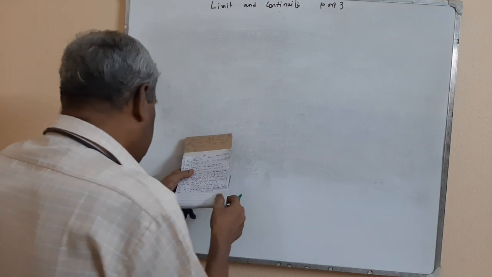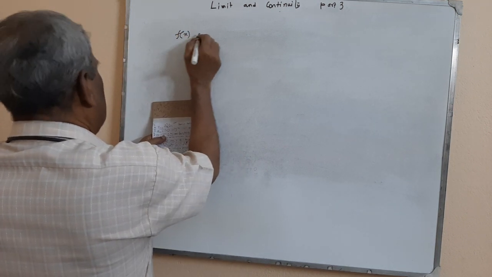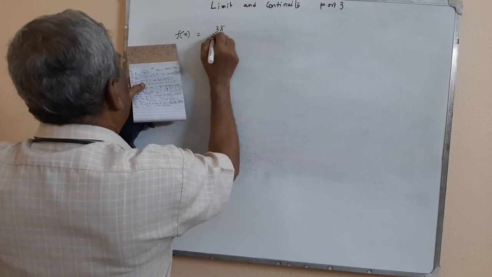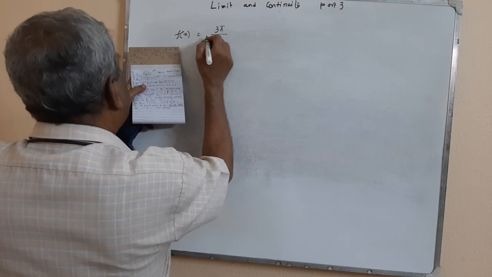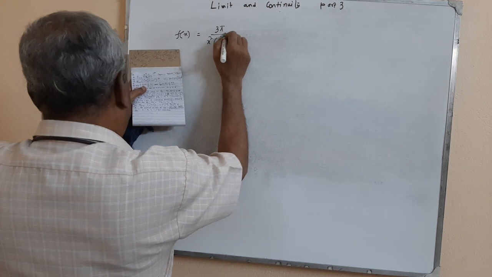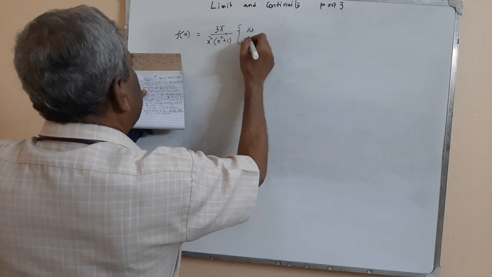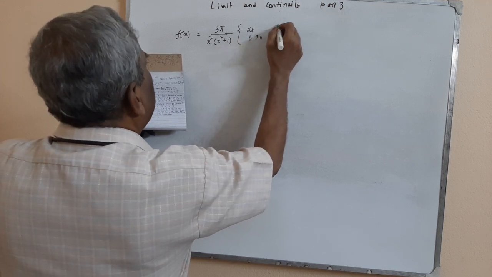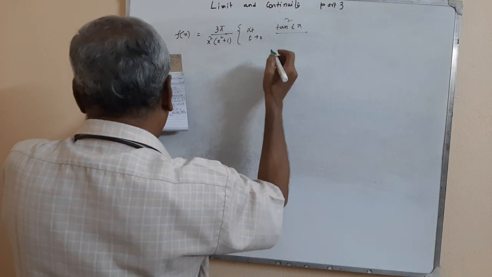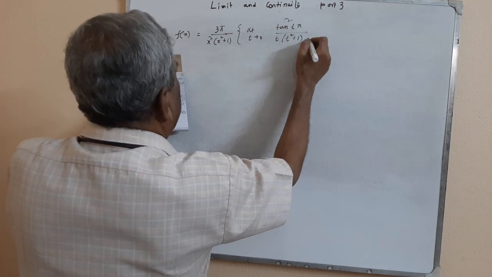First problem, the point of discontinuity of the function f(x) is equal to 3 pi by x square into x square plus 1 into limit t tending to 0 tan square tx by t into t square plus 1 into x.